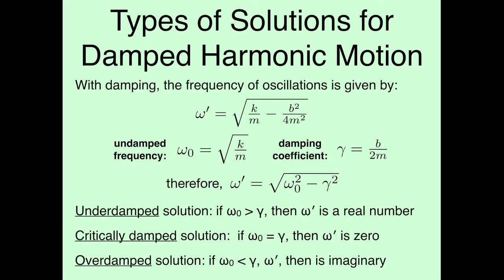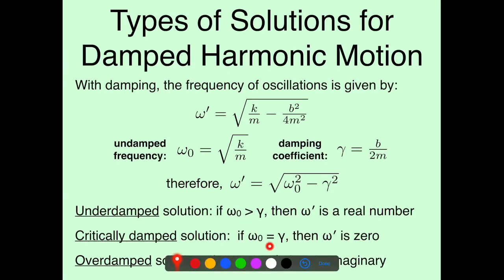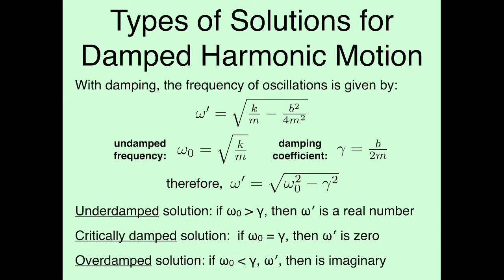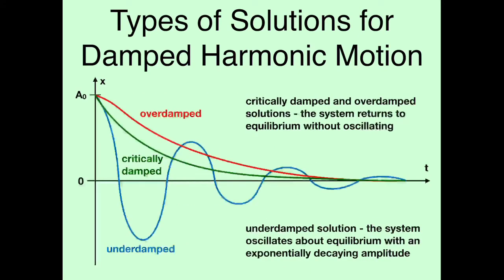So this is a very different type of solution. It's called the overdamped solution. Okay? So these are the three cases. We have underdamped, critically damped, and overdamped. So now that we have an idea that there are these three different types of solutions, let me show you what they look like when we plot them all out.